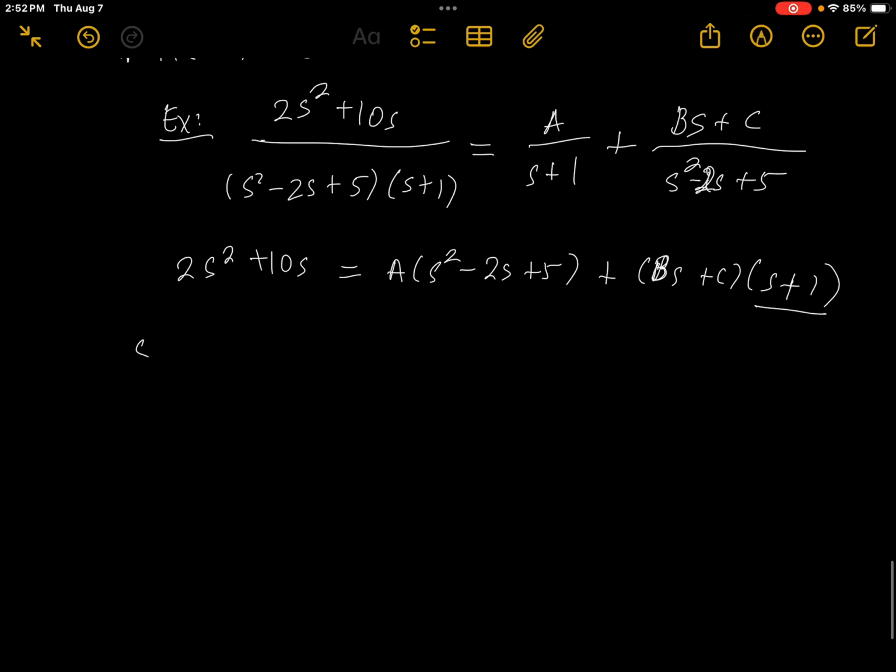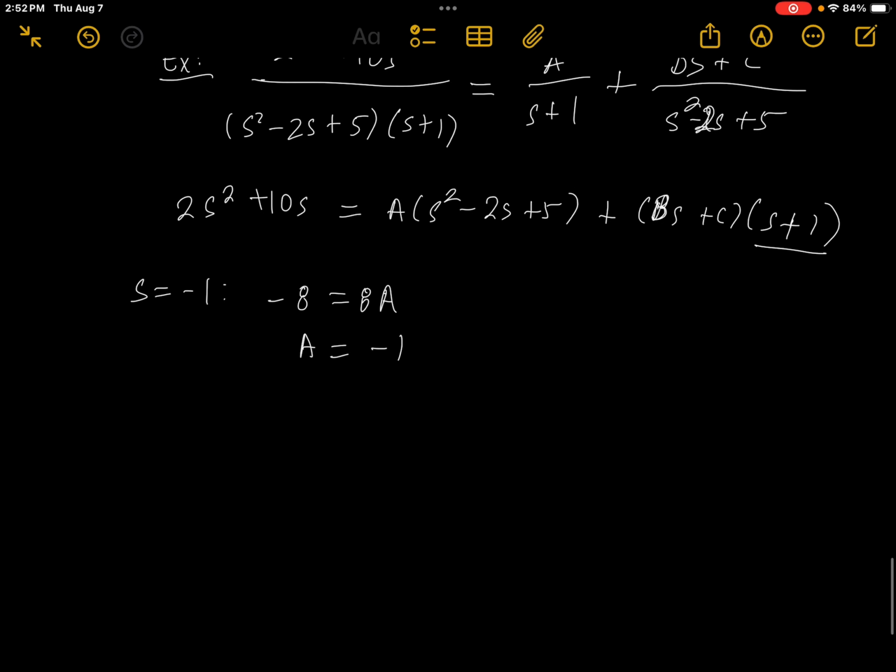So if you plug in s equals negative 1, you're going to get 2 minus 10 is negative 8 equals, okay, a times 1 plus 2 plus 5 is 8. So that's going to give you a is negative 1. Right? You're going to get 8a plus 0. So a is negative 1.